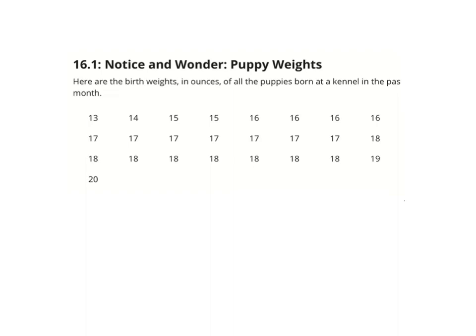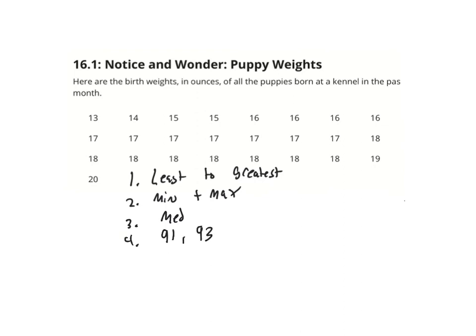Okay, so here's what we're going to do. We're going to learn how to make a box and whisker plot right here. Thankfully, the data is already in order for us from least to greatest. So your first step is to put it in order from least to greatest. Then you want to find the minimum and the max. Then you're going to find the median, and then quartile 1 and quartile 3, and I'll show you how to do that here in a minute.